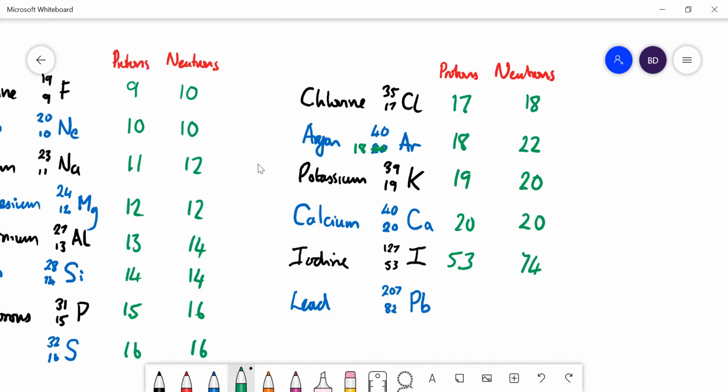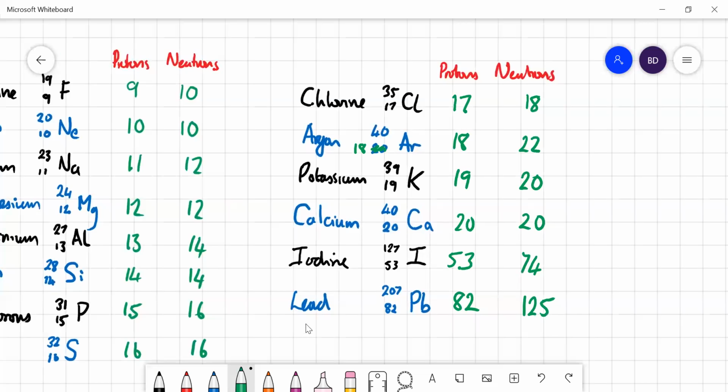It's got a lot more neutrons than it has protons. And lead, which is a big atom, 82 protons. And that's going to be 207 minus 82. So that's 125 neutrons. So as atoms get bigger, they seem to need more neutrons to hold the nucleus together.